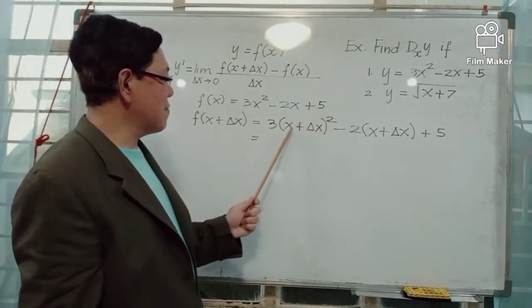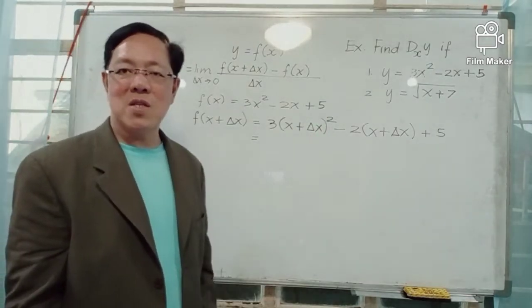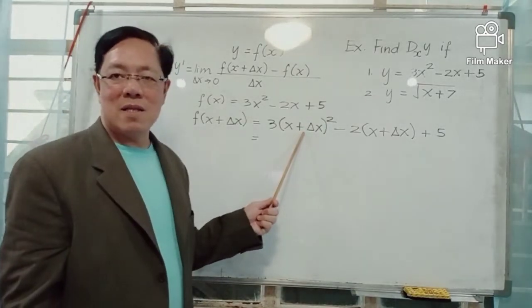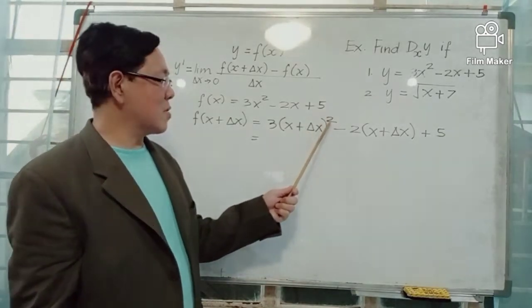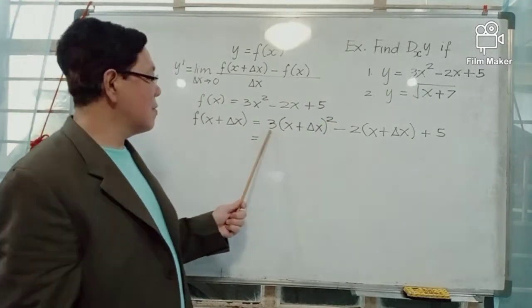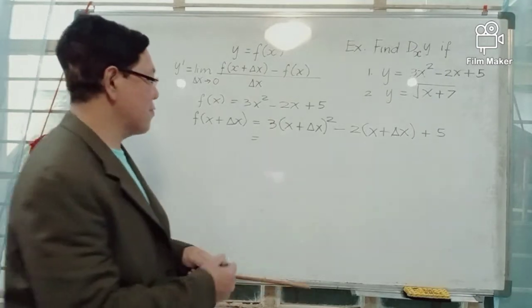For the square of x plus delta x, we apply the special product rule for the square of a sum. That rule says that the square of a sum is equal to the square of the first term, plus twice the product of the two terms, plus the square of the second term. First, we have 3 as numerical coefficient.